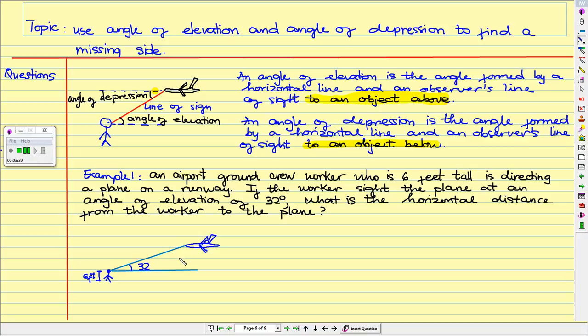We also tell you that the vertical distance from the plane to the ground is 150 feet.